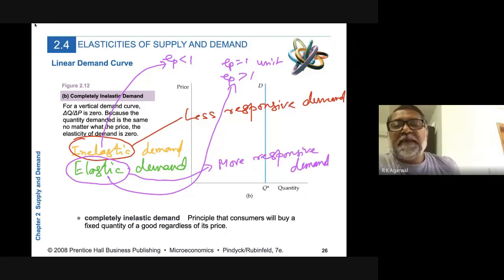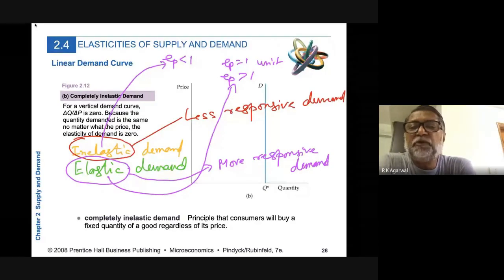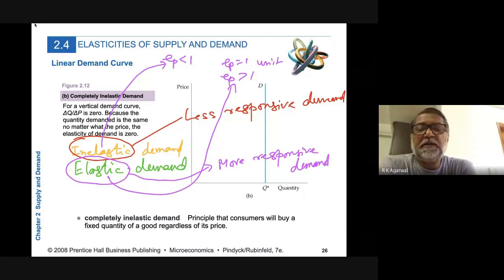Equal to 1 is a benchmark, unitary elasticity, which means that if price changes by 10%, then the demand also changes by 10%. But if elasticity of demand with respect to price is greater than 1, it means that 10% change in price will lead to a more than 10% change in demand.